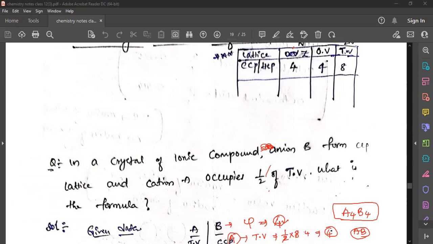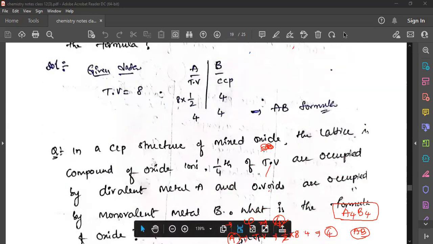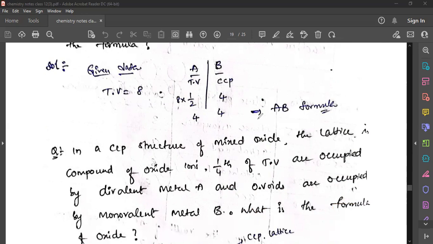How to find the formula? Clear, sir. Now can you do this one? Next question. Can you find the formula for the next question? Before, we got only AB formula, but now you can solve for ABC.